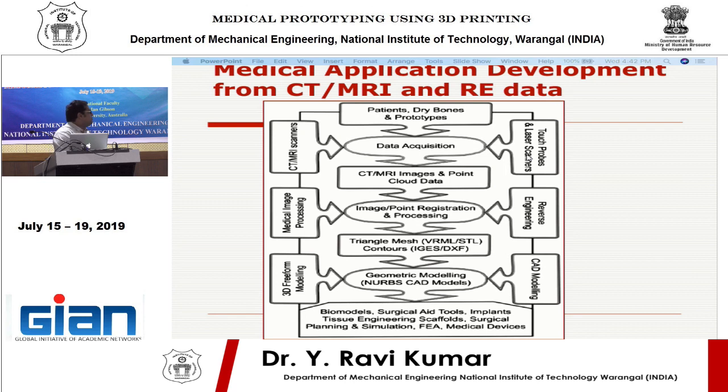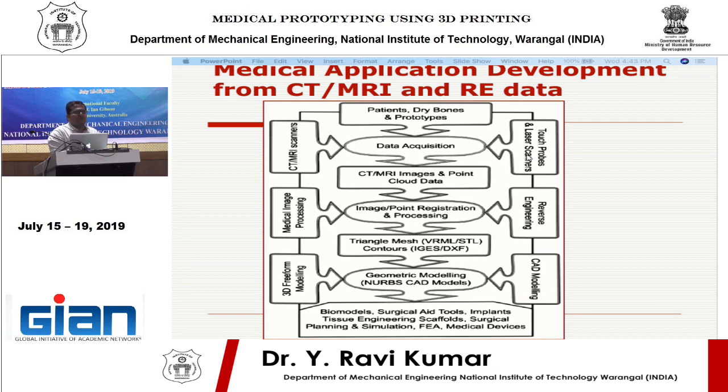Once you make that CAD model, if your application demands a physical model, then you convert it as an STL file and you print it. And once you print it, you have plenty of applications, right? You can just use it as a biomodel, or it can be a surgical aid tool like a template or guide or a splint or something like that.